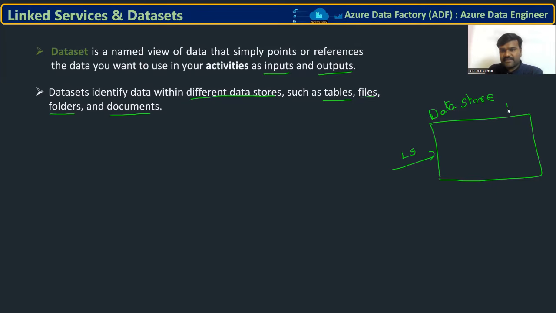So for example, if it is a blob, then I'm going to have files here, file 1, file 2, file 3, like that. Then which particular file I want to access, or which particular container I want to access. You can have containers inside this, or I can access container level also as a dataset. So that is what it is saying.